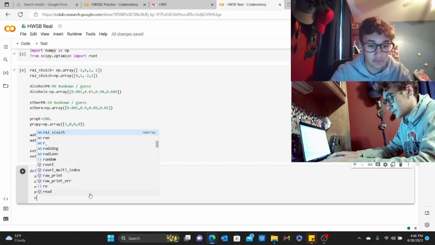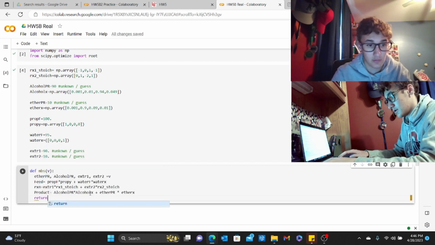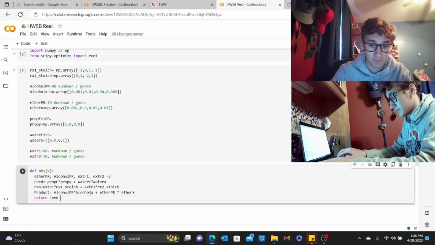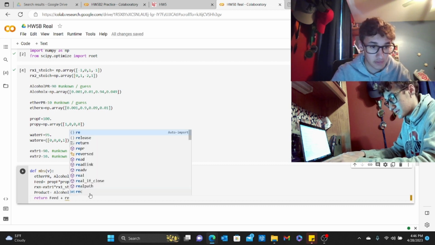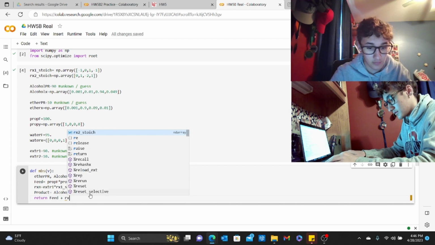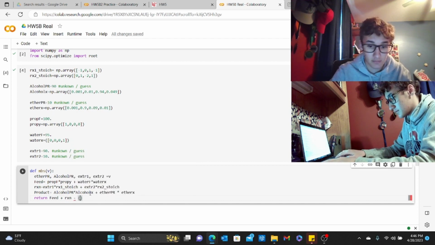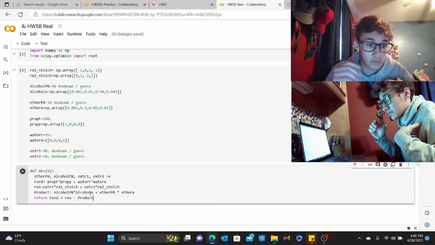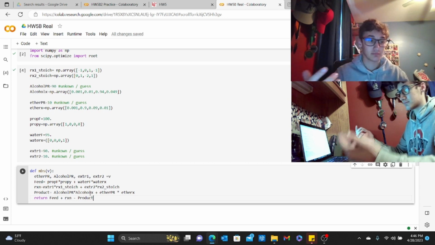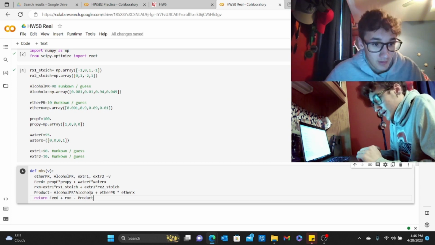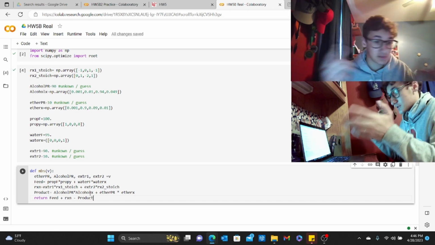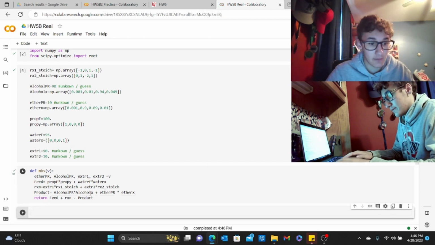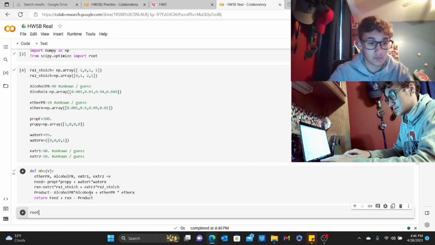And now we want to return, we want to do feed plus reactions minus product. And theoretically, we want this to equal 0, right? As if it equals 0, that means everything we calculated is correct. And to do that, we need to take the root.